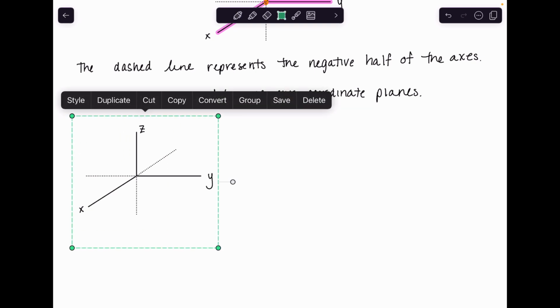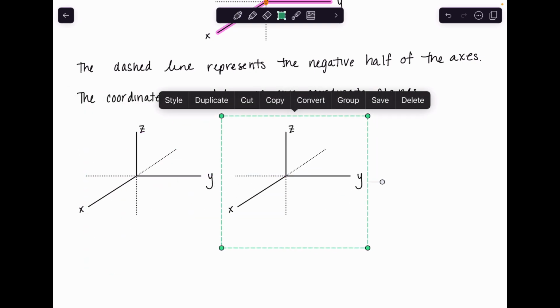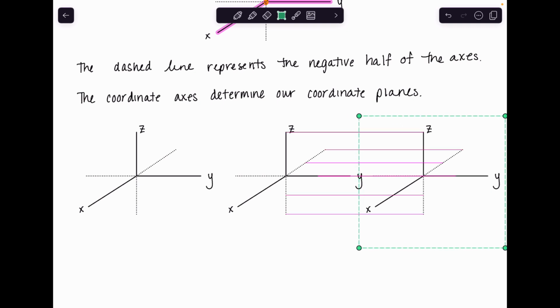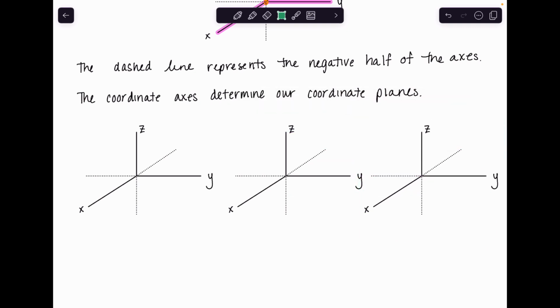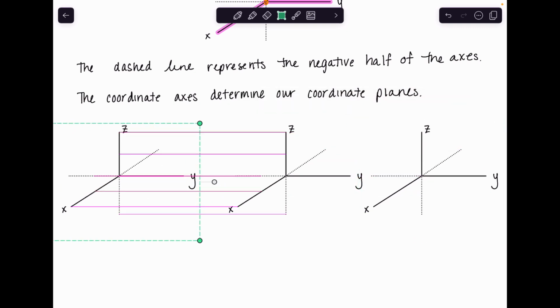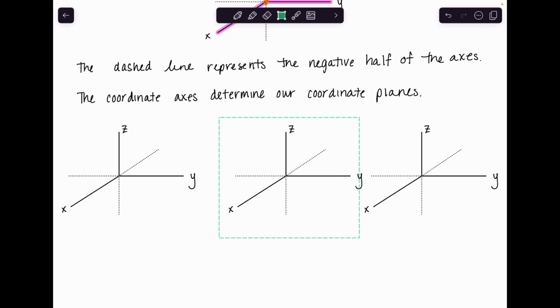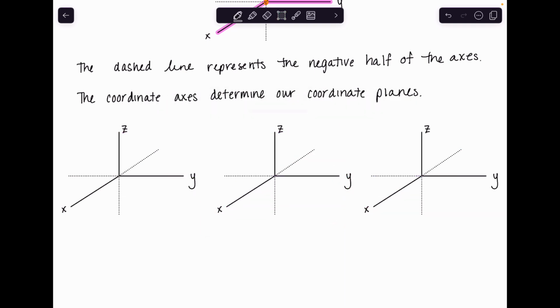So we have technically 3 coordinate planes going on here. Great. Let's move this over a little bit. Okay. So our first plane is the XY plane, which is the XY coordinate plane.